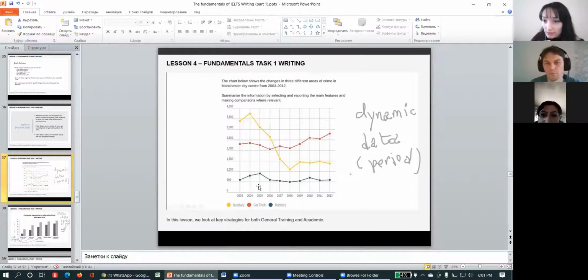Why? You can tell me why. Why is it dynamic? From my perspective, it is a graph with many points on the x-axis, so it is dynamic. Look at the task. The task says about it. Can you see what is written? Changes. Yeah, and it says from 2003 to 2012.